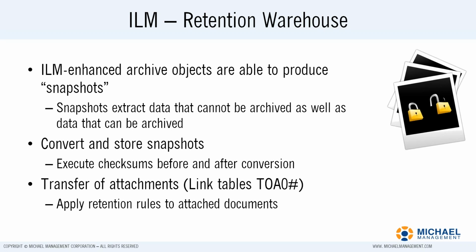Another component to this is that a lot of companies are using document imaging, and there's a set of link tables that reference the attachment stored on an archive server to the SAP document that resides in your legacy system. There is actually a way that you can extract those link tables, bring that information over to the current archive server or ILM device, and get them stored and apply your retention rules with it as well.